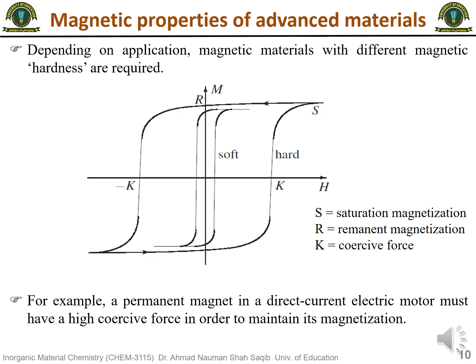So depending on the application, we choose the material we have to use. For example, a DC electric motor should have a high coercive force to maintain its magnetization, so there we will use hard magnetic materials. And there are other applications where we need soft material, which we will discuss in the next slide.